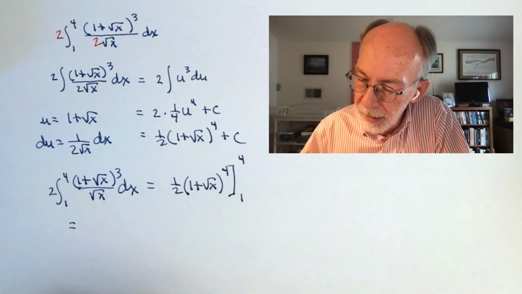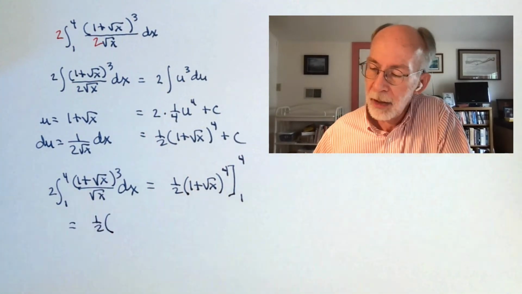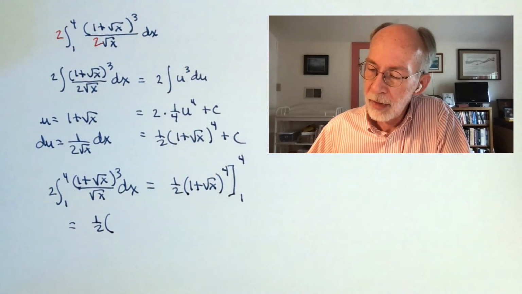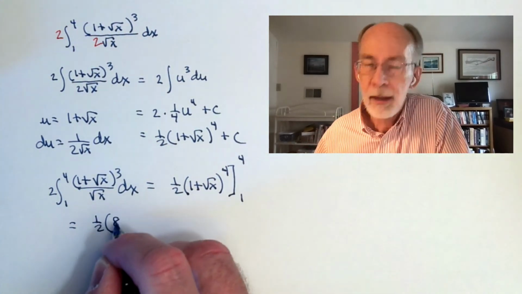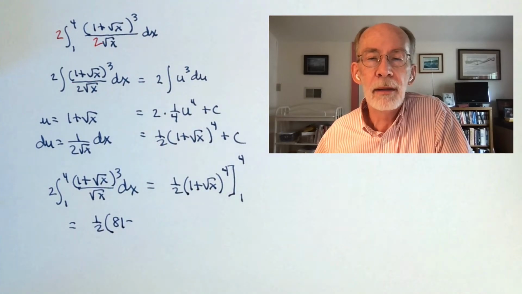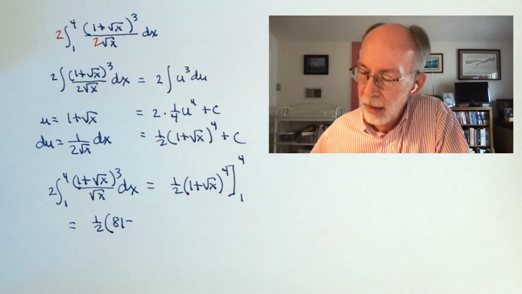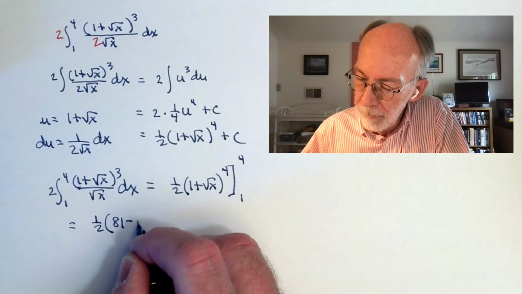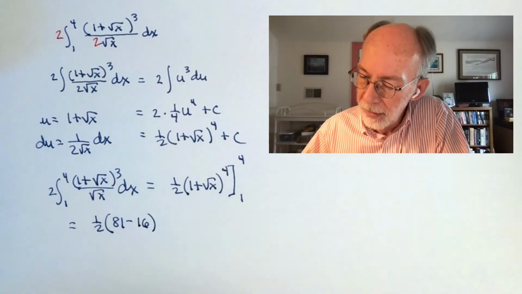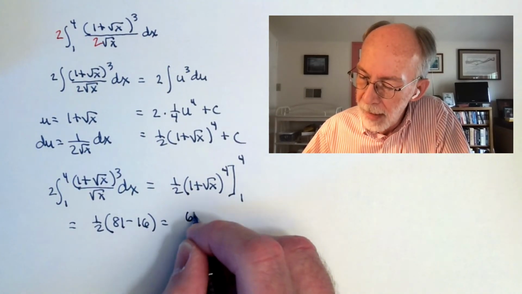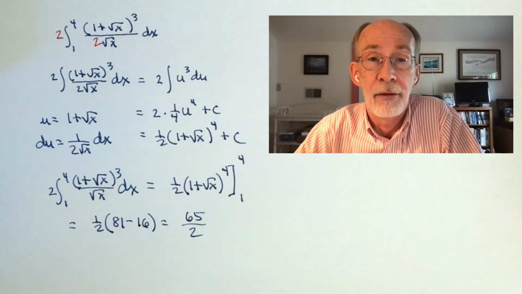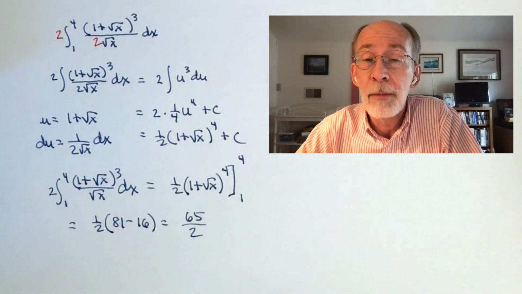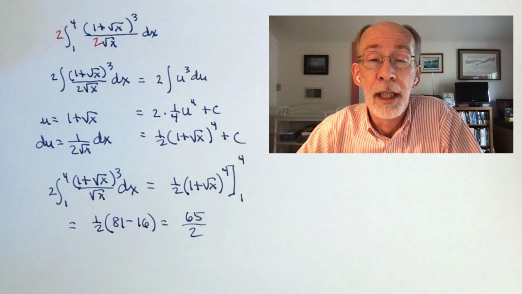Well, we've got the 1/2. And then if we plug in a 4, 1 plus the square root of 4 is 3 to the 4th is 81. We plug in a 1, 1 plus the square root of 1 is 2 to the 4th is 16. 81 minus 16 is 65. And so this is 65 halves, or 32.5. And so let's remember that as we then begin to approach this by means of another method.